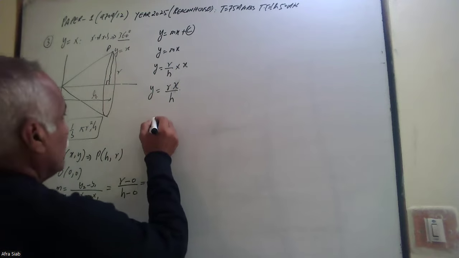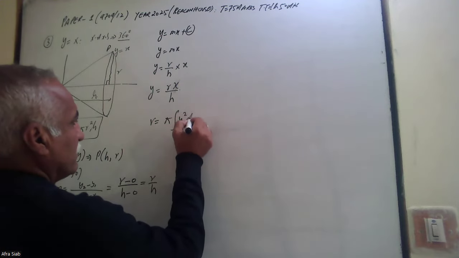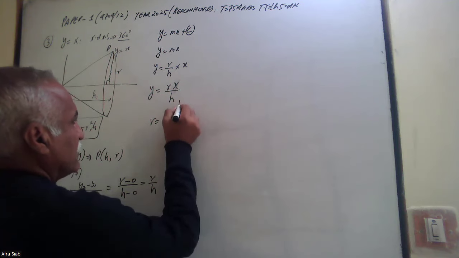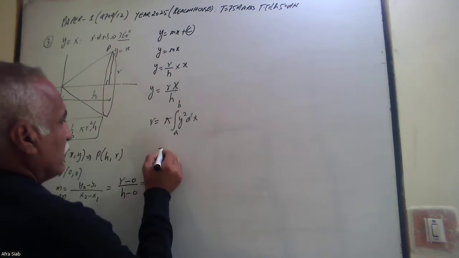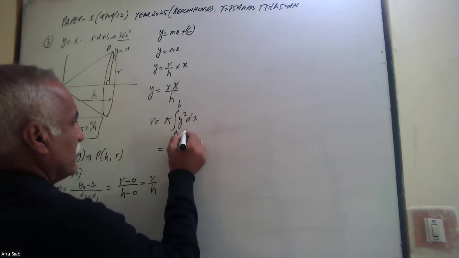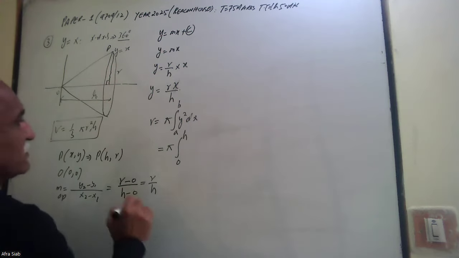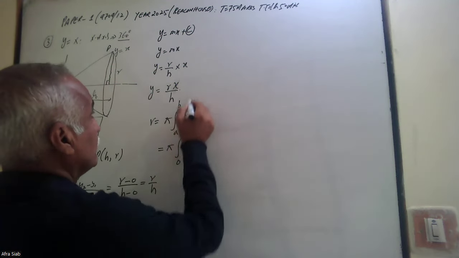We now have to find the volume, which is equal to pi integral of y square dx from the limits a to b. So here it is pi integral from 0 to h, because the limit is along the x-axis, from 0 till the line h, of y square.